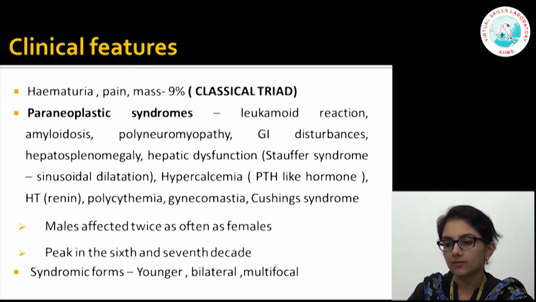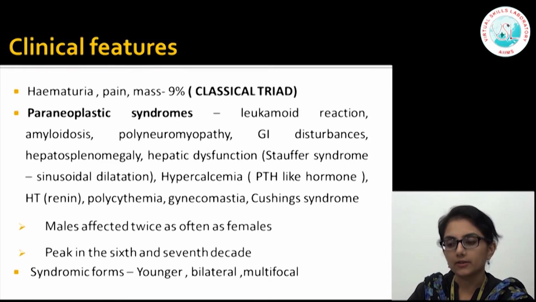Patients could present with polyneuromyopathy, hepatic dysfunction, GI disturbances, hypercalcemia due to release of a parathyroid hormone like protein, hypertension due to renin production, polycythemia due to erythropoietin production, gynecomastia or even Cushing's syndrome.